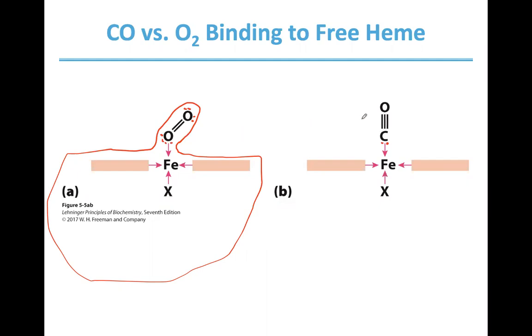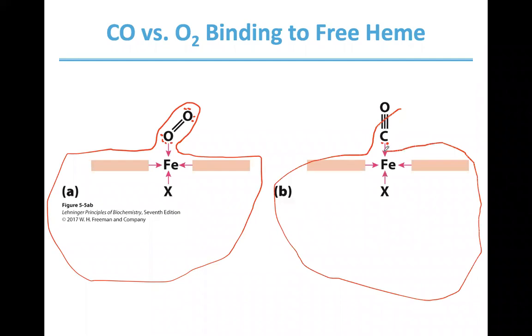And so remember the pocket's going to be like this. So the protein protects us from carbon monoxide quite significantly. It's still a poison, but not as bad as it could be.